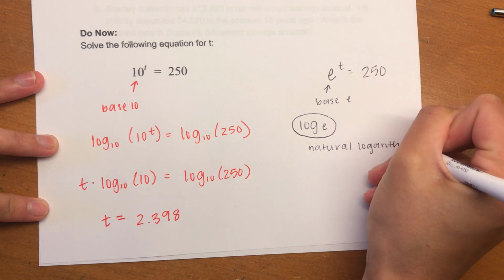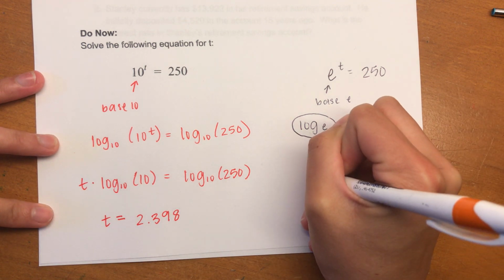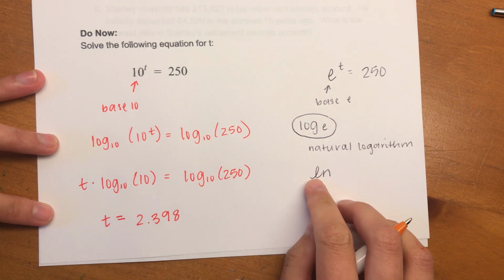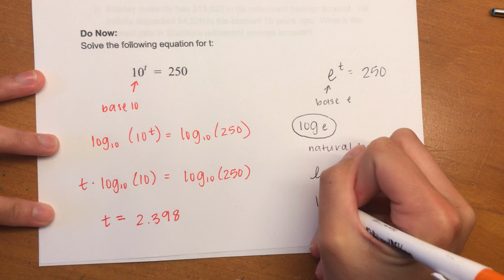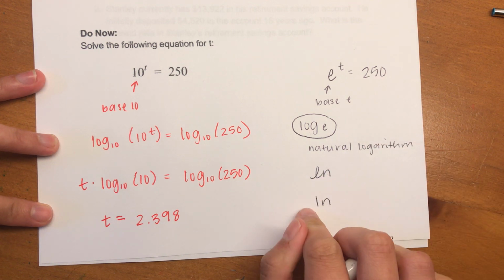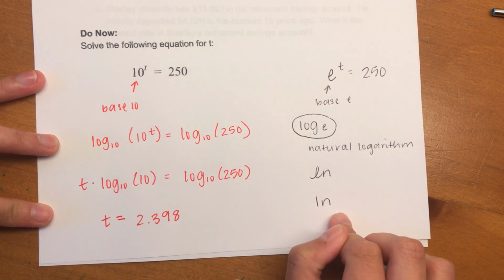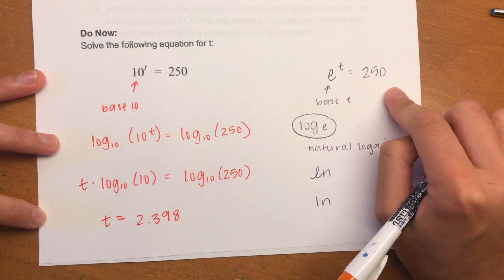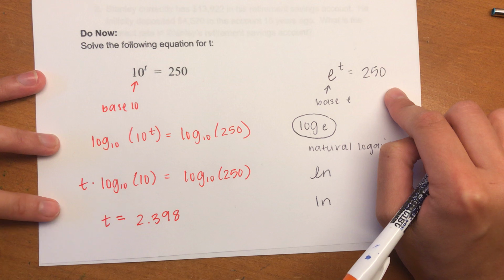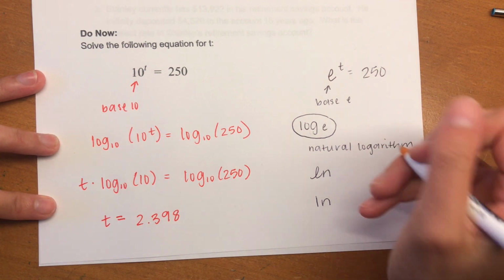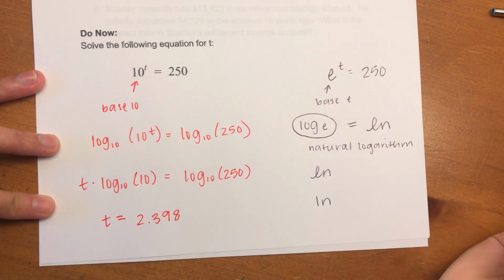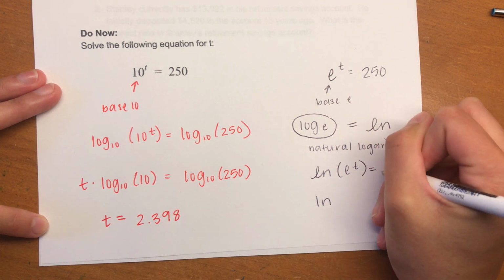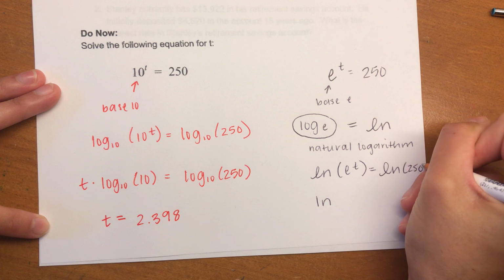And we express the natural logarithm by writing ln. I'm writing a cursive L so that you don't think I'm saying 1n, but it could be written like that as well. So when we solve this equation, we would take the natural logarithm of both sides. I would take the ln of e to the t equals the ln of 250.